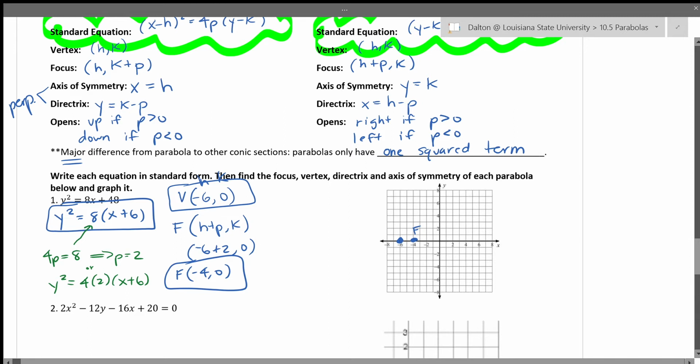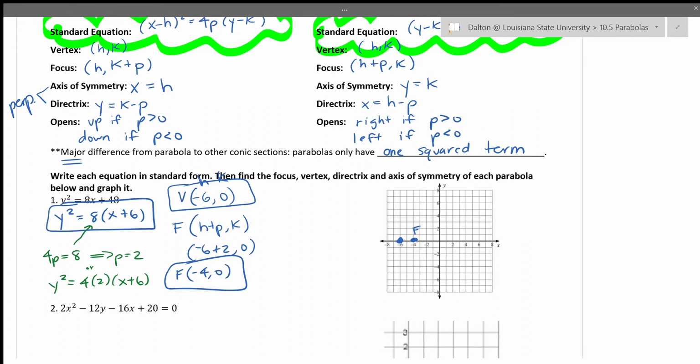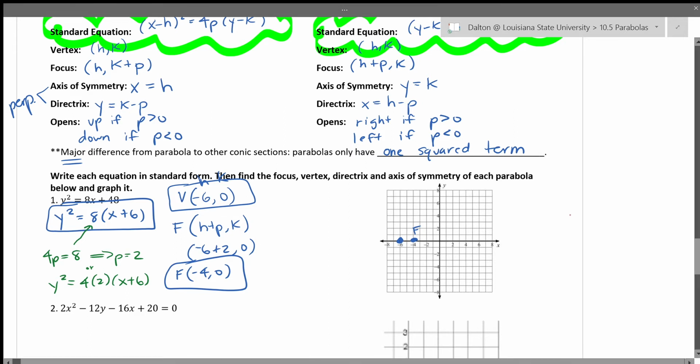Because here's going to be another big takeaway for today. This goes for any of our conic sections. For any of the conic sections, the focus is inside of the curve. Inside the curve.